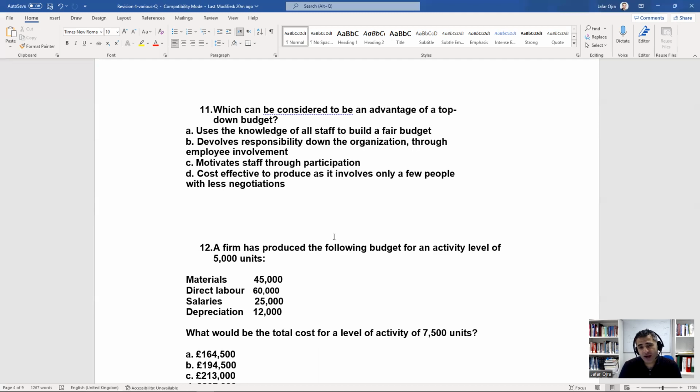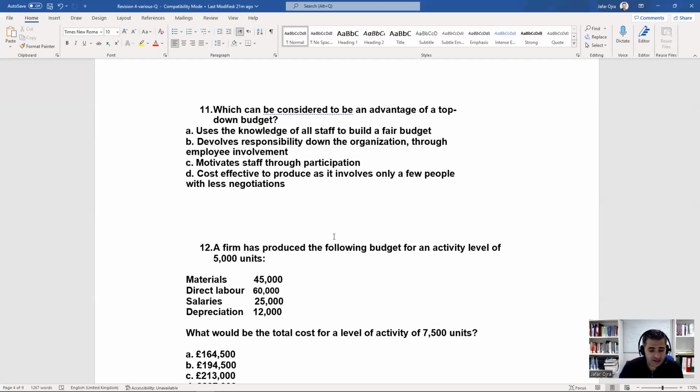The advantages are that senior management know the company and have the strategy to look around. In terms of cost, there are fewer people, so they can do the budget quickly. The disadvantage is that it's a type of autocratic style of leadership.